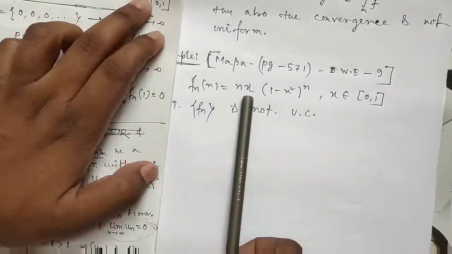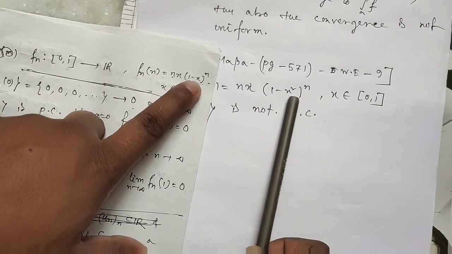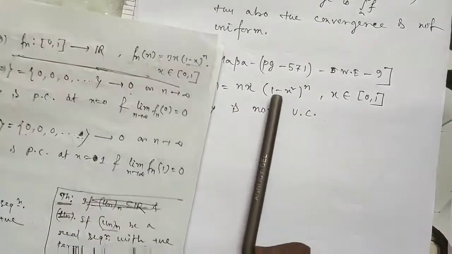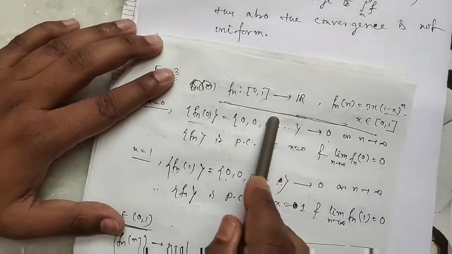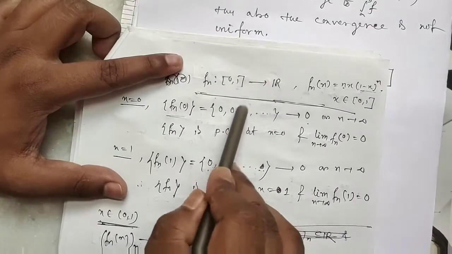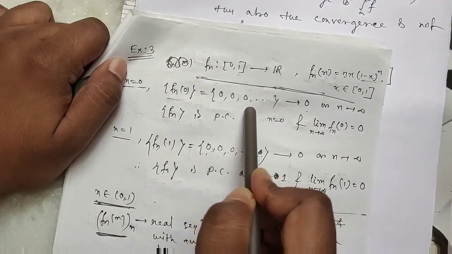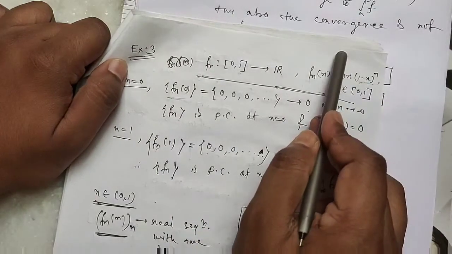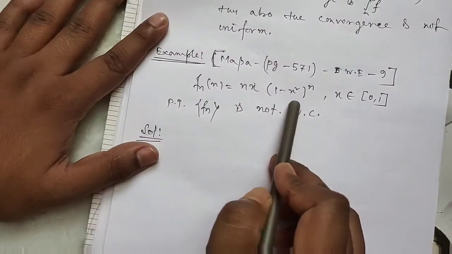Similar to this, here we have n x times (1 minus x squared) to the power n, with x squared here and x there. It is a similar type, and by a similar process we can easily find that the limit function is 0.